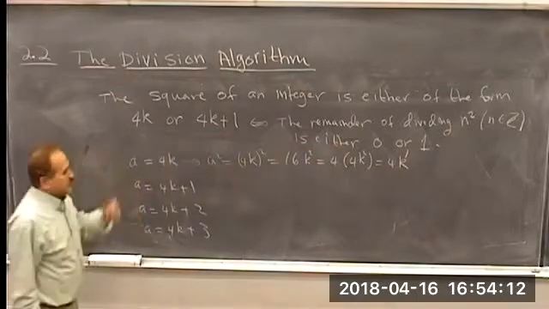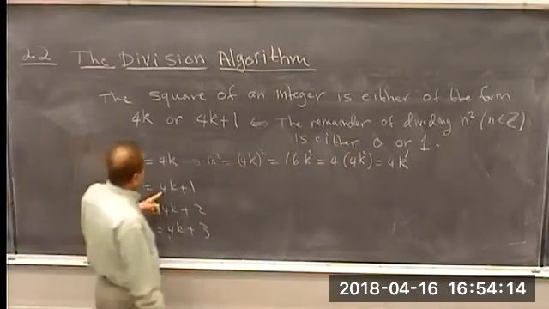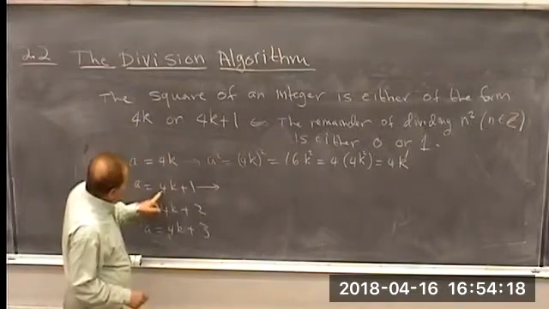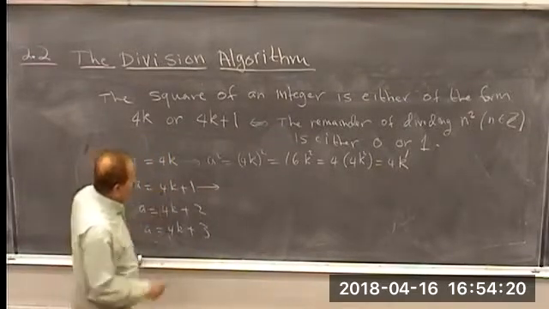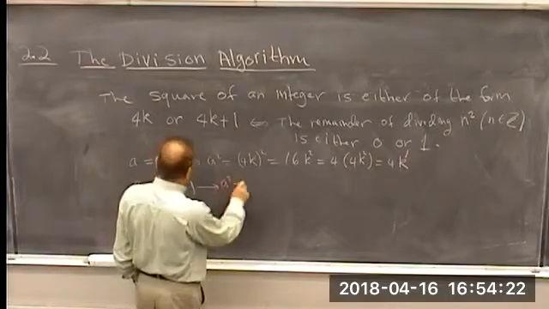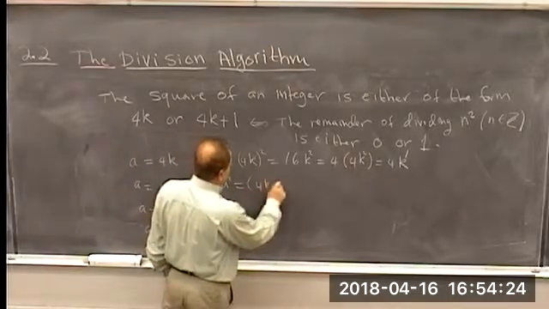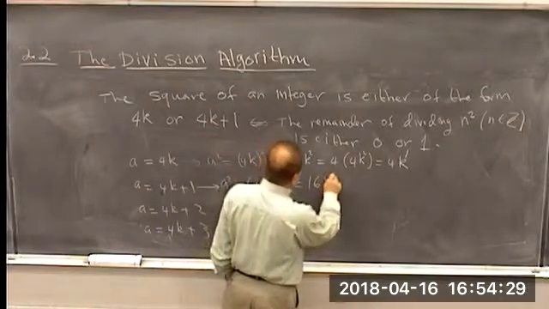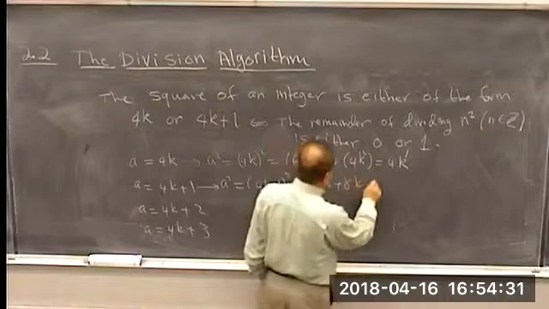So it has this form. How about if the integer that we pick and want to square has this form? Here a squared is equal to (4k plus 1) squared, which is 16k squared plus 8k plus 1.